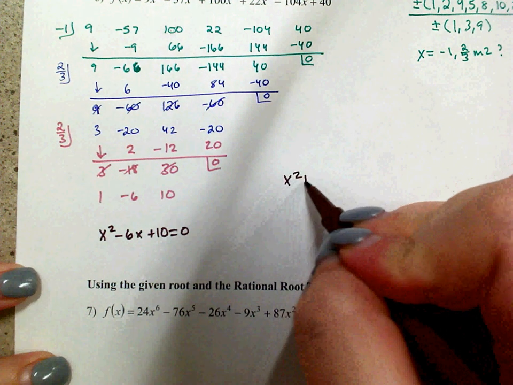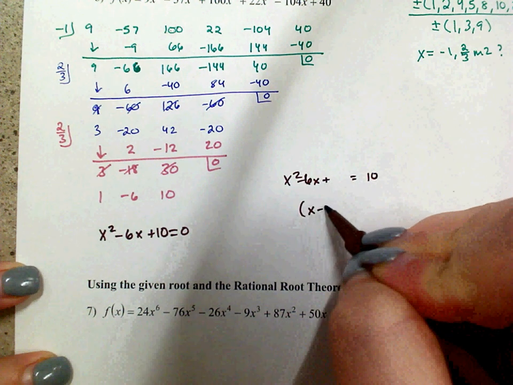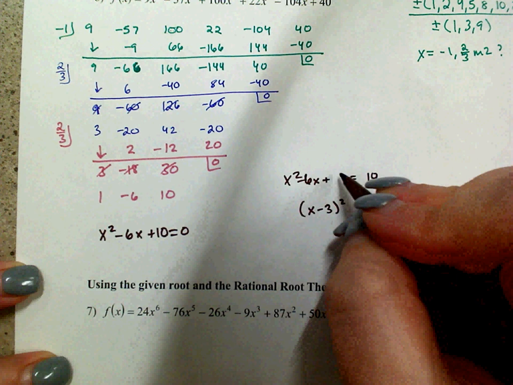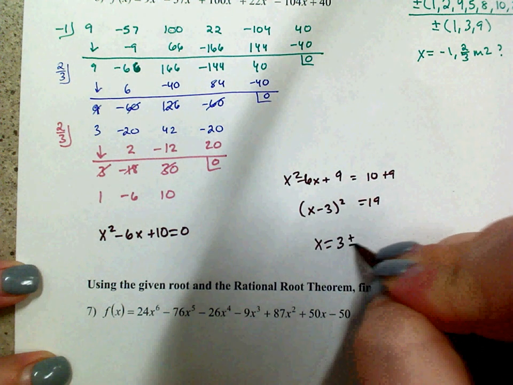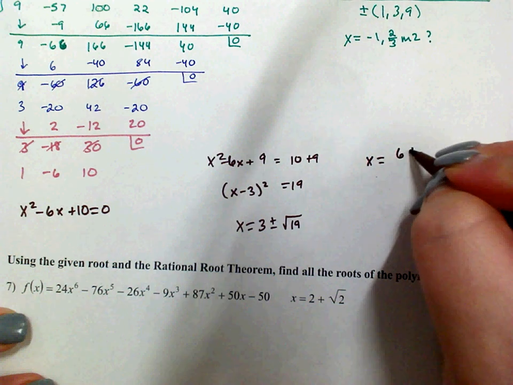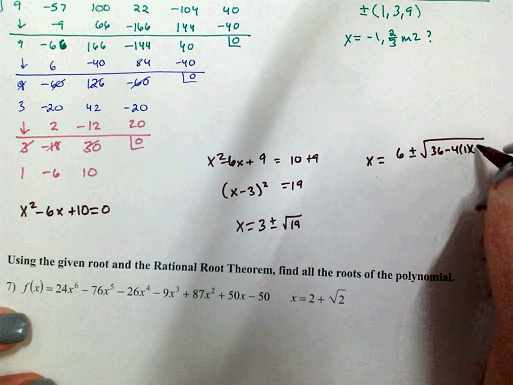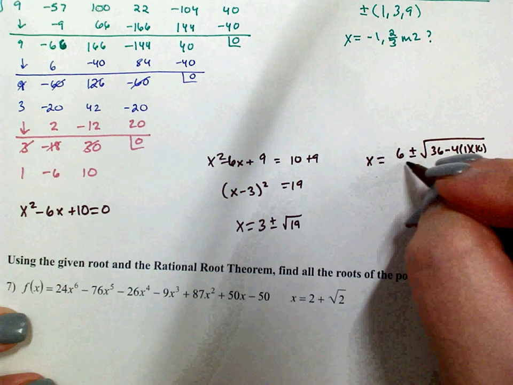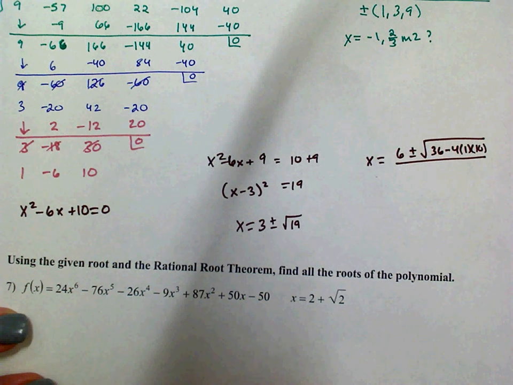So x minus 3 quantity squared. 3 squared is 9, so add 9 equals 19. x equals 3 plus and minus the square root of 19. Or I can do the quadratic formula. x equals opposite b plus and minus the square root of b squared minus 4 times a times c, all over... Oh my gosh, that's -10.